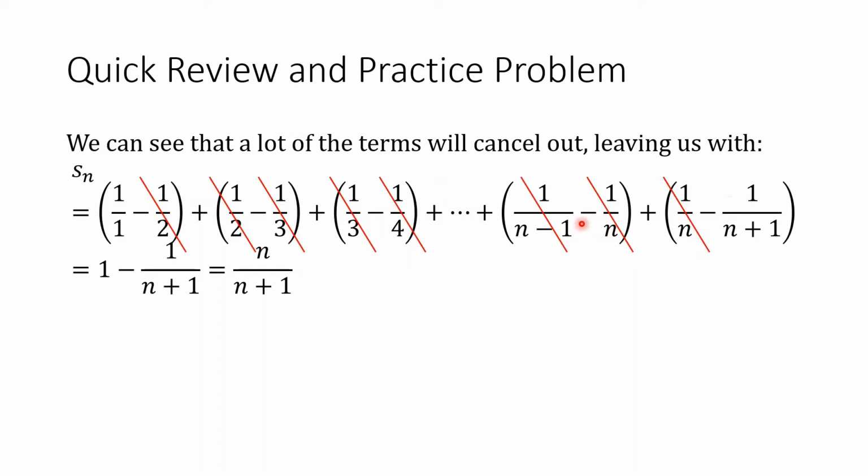We can see that it works with the general formula as well, because 1 over n minus 1 will have a negative 1 over n minus 1 in the previous term. And this negative 1 over n will be cancelled out with the positive 1 over n over here. So all of the n minus 2 terms in the middle will cancel out, leaving you with 1 minus 1 over n plus 1, which is n over n plus 1.